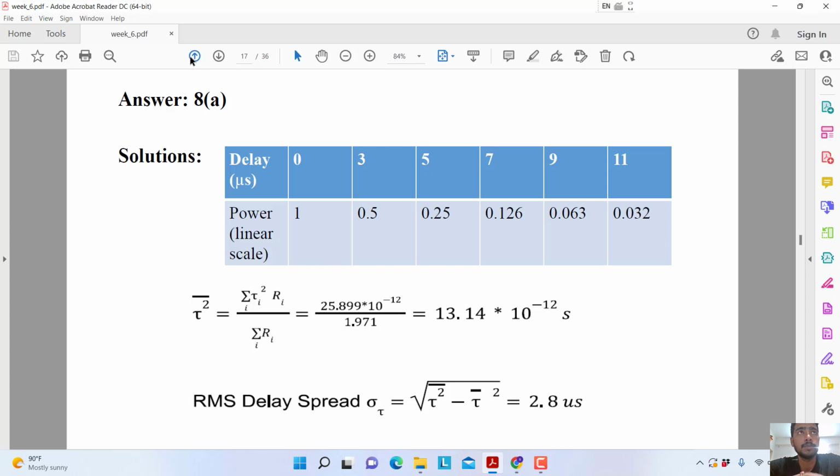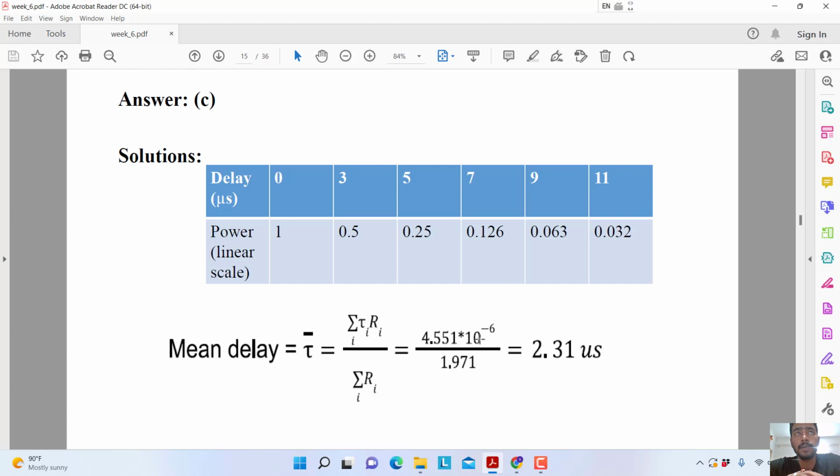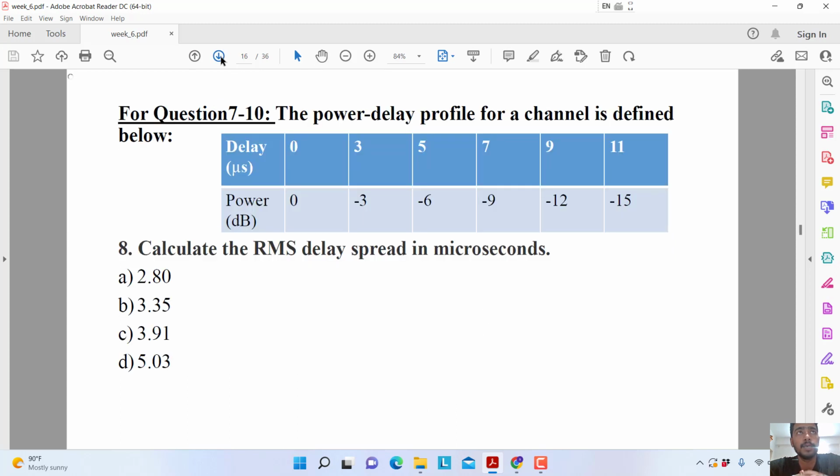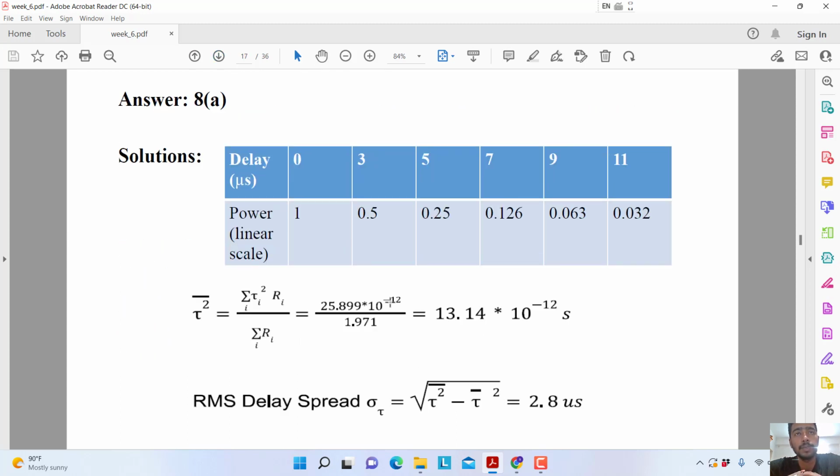Initially it was 10 to the power minus 6, but here we are using tau square, so it will become 10 raised to minus 12. The summation of this will remain the same. It will come 1.971. From there we first calculate tau square, and it will come 13.14 into 10 to the minus 12.